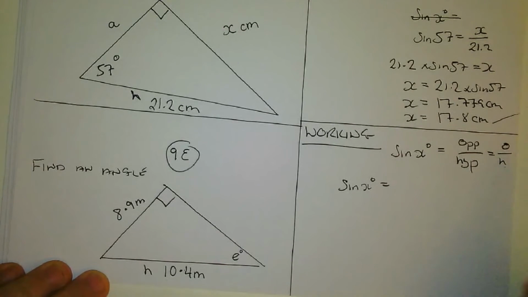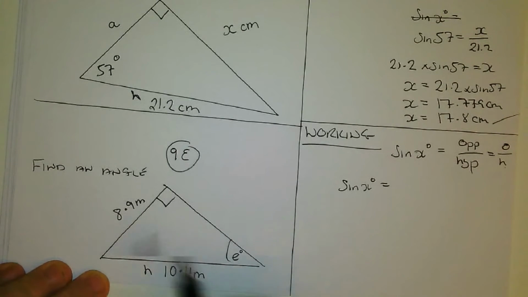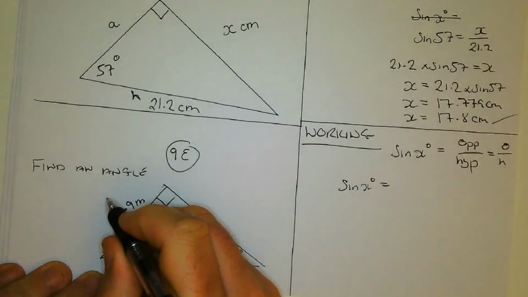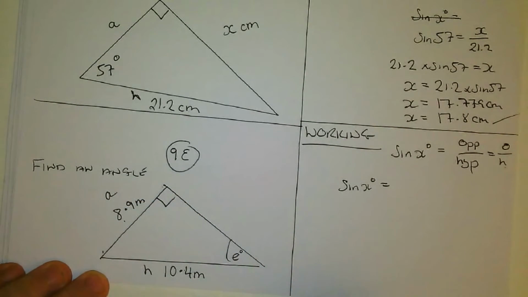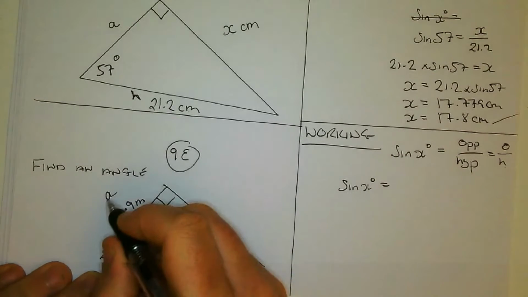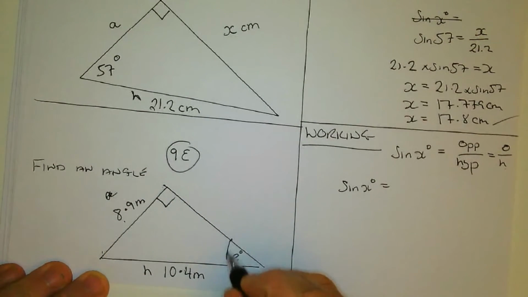Now, this one is actually tricky, I just realised. They've given me this side here. What is that side there? That's the adjacent. See this bit here?